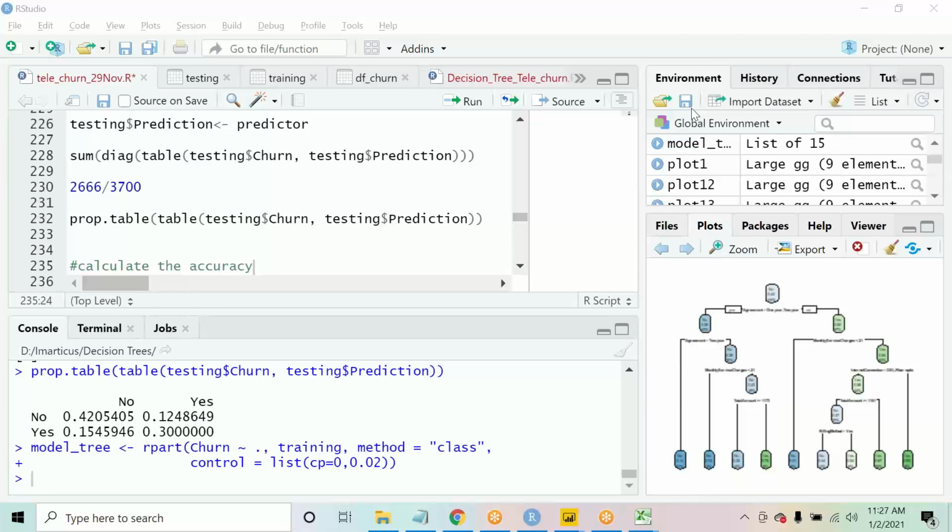Are you all getting this? Okay, so Raghu, you are getting a 71.